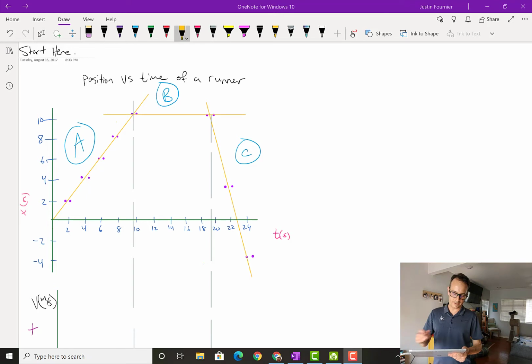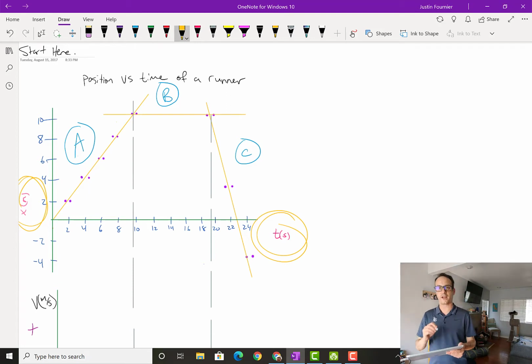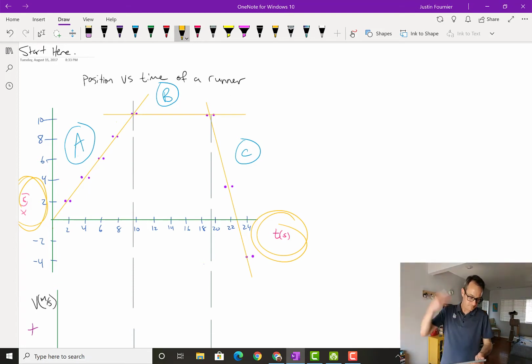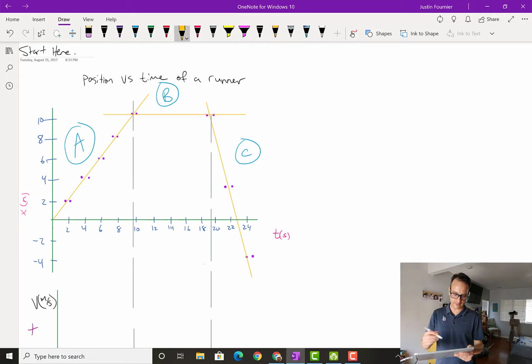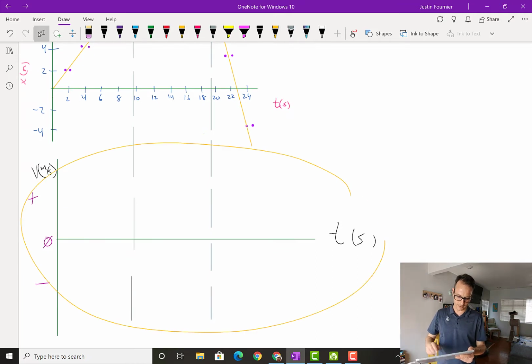So the first thing I got here is a position versus time graph, and it shows the position versus time of a runner. This looks a lot like the Mr. Gartner graph that we did, but we're going to translate this from a position time graph. We're going to use that exact same data and turn it into a velocity versus time graph, which is what I got here.